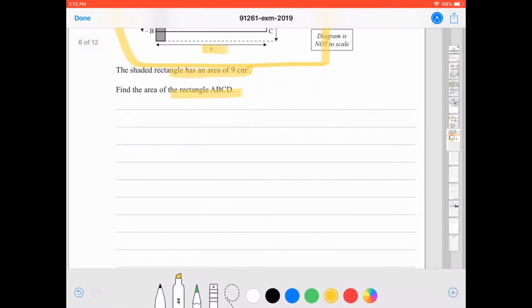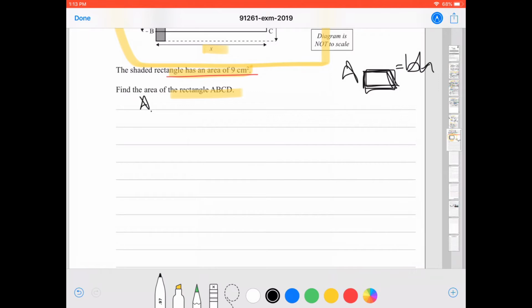Okay, so the key information here is that we know that the area of the shaded rectangle is 9. And so we're going to use that to help us with our variables here. So area of a rectangle, because we're talking about rectangles, is going to be base times height.